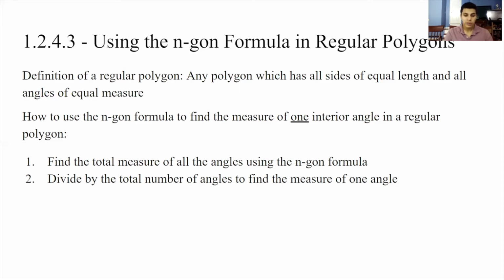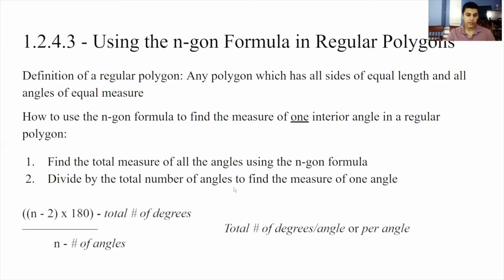And then you want to divide by the total number of angles to find the measure of one angle in that shape. Written out in a formula, it looks like this, where you have n minus 2 times 180 in the top part of the fraction, which is what we call the numerator, and that's the total number of degrees in the shape. And in the bottom part of the fraction, which is what we call the denominator, or what we're dividing by, we have n, which is the total number of angles.